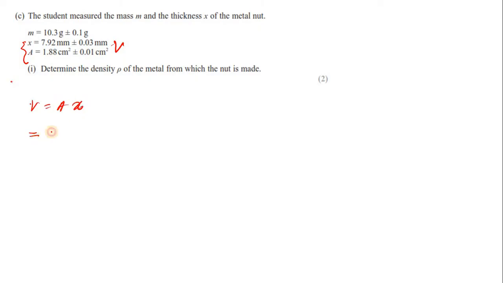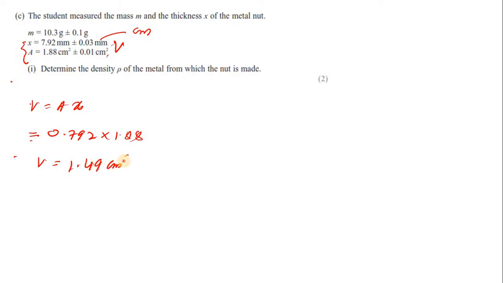But don't forget, because this is in millimeter, you convert into centimeter, then you multiply. So when you multiply 0.792, which is x, times 1.88, the volume would be equal to 1.49 centimeter cube.